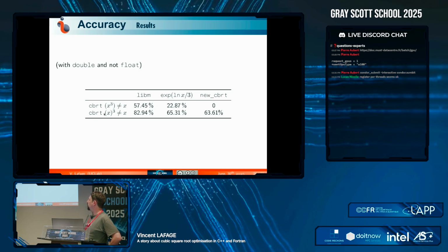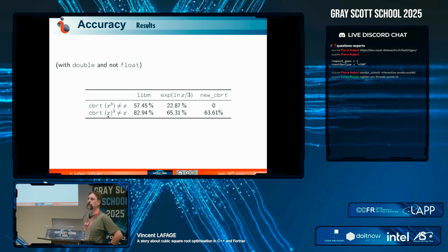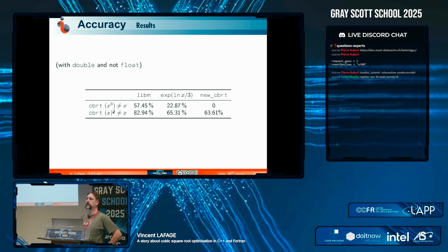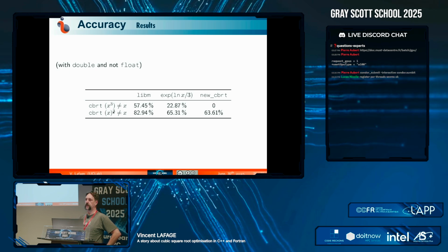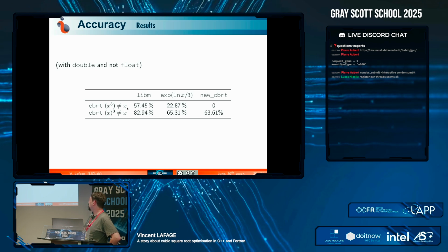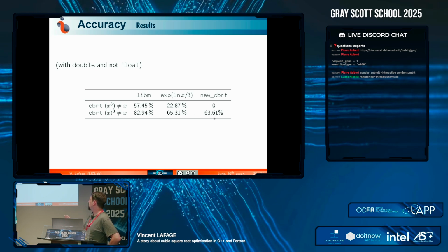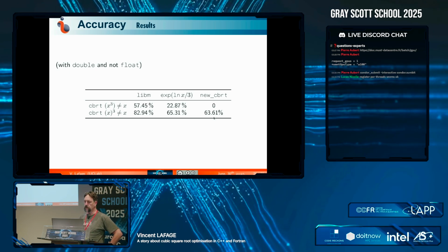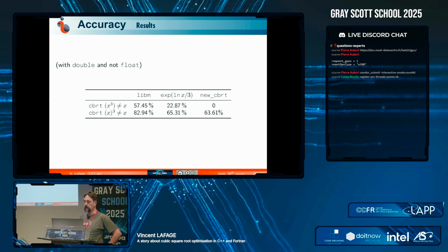Whereas if you first take the cube root, you will introduce half an epsilon of error, and the cube will make it 3/2 of a machine epsilon. So you may have a small discrepancy at the level of half machine epsilon, which occurs in 2 cases in 3. So not too bad, and better than the other solutions.